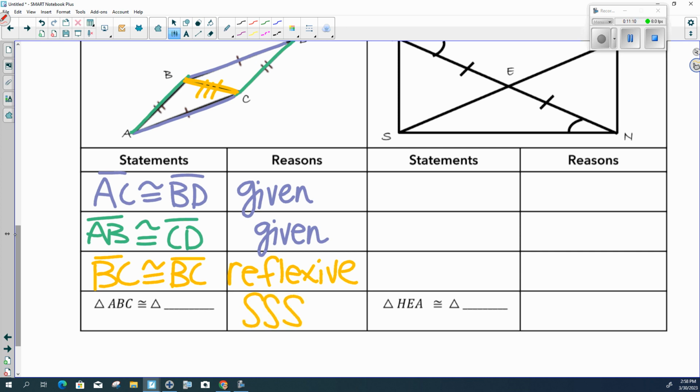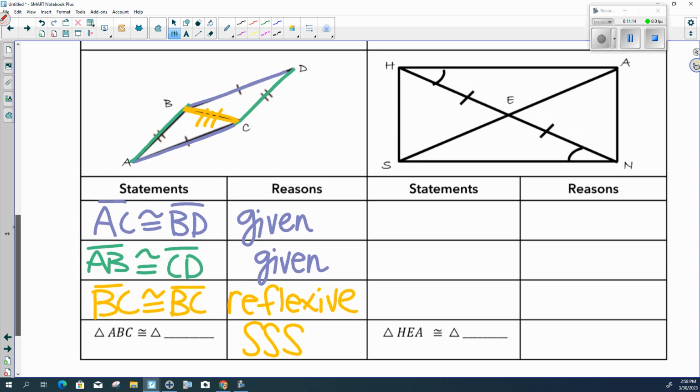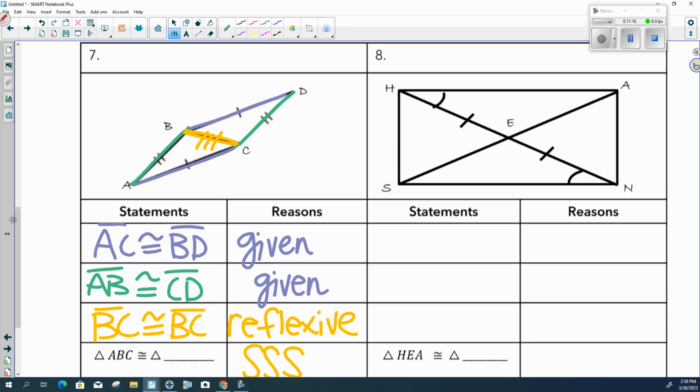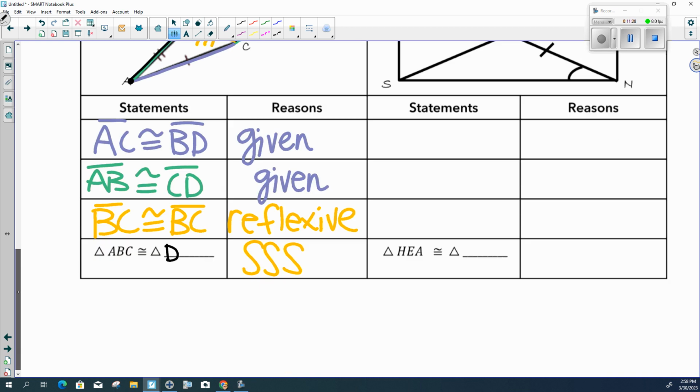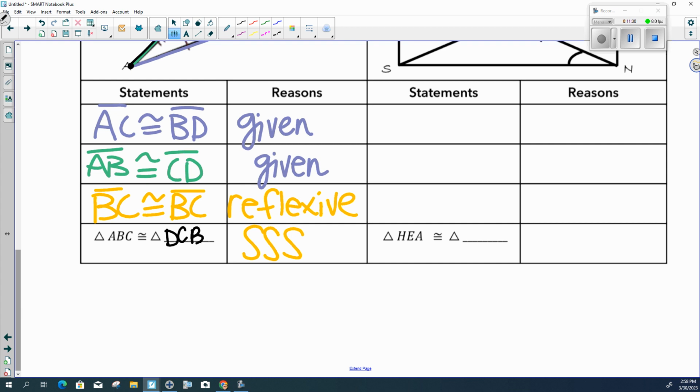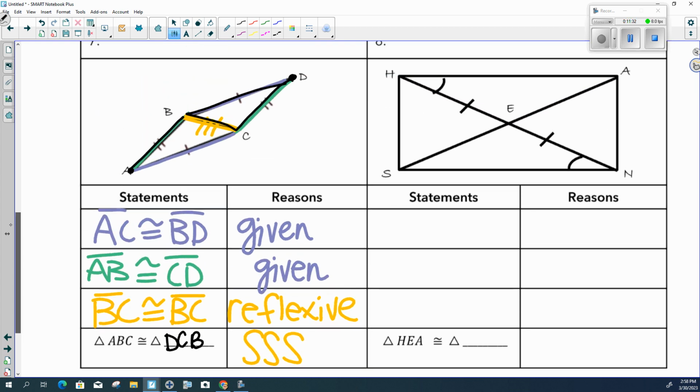So I need to make sure my statement is correct. So A, B, C. I kind of like with the colors. I'm starting between green and purple, and I'm going down the green. So A, B, C, starting between green and purple. D, C, B. Perfect. All right, last one.